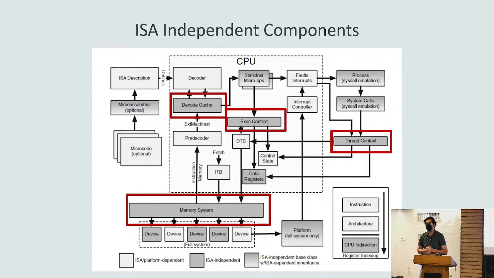If addressing mode is part of the ISA, would the cache and the memory system also be ISA dependent? The ISA would specify which parts of an instruction correspond to the address, or how you compute an address, and that is kept totally independent of the memory system once a request is sent.